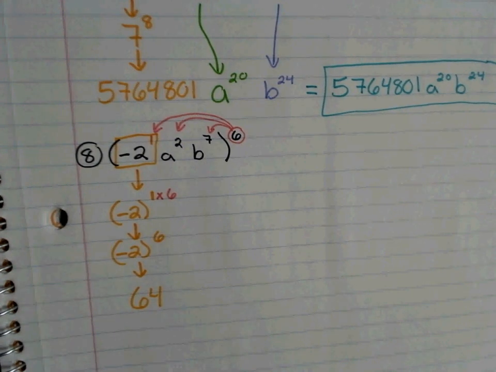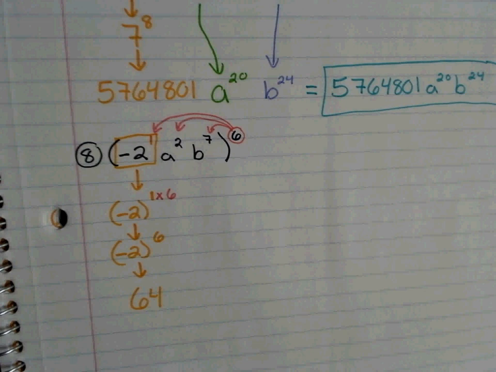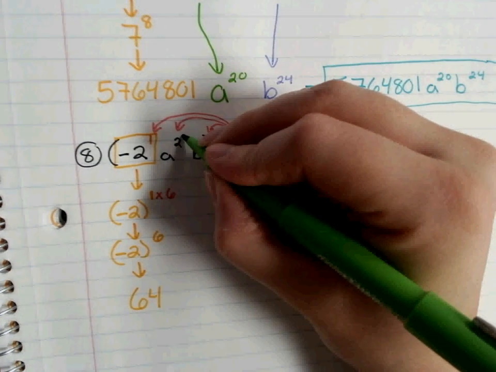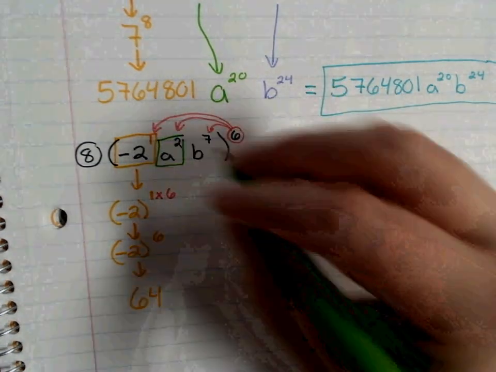If the negative is raised to a power, you have to put the negative inside parentheses. Same thing with a fraction. If a fraction's being raised to a power, you have to put the fraction inside the parentheses and the exponent goes on the outside.